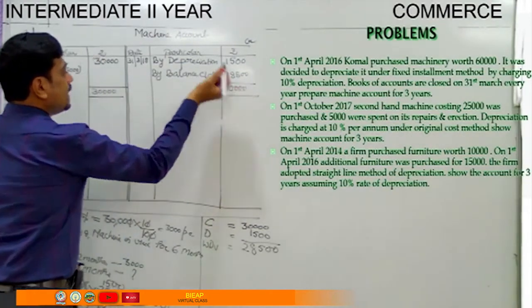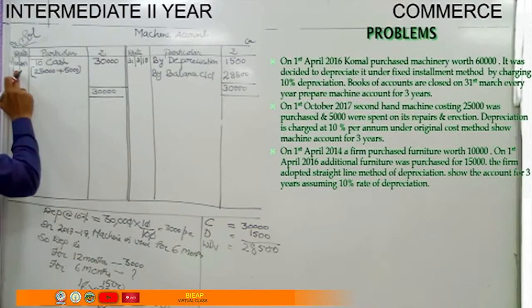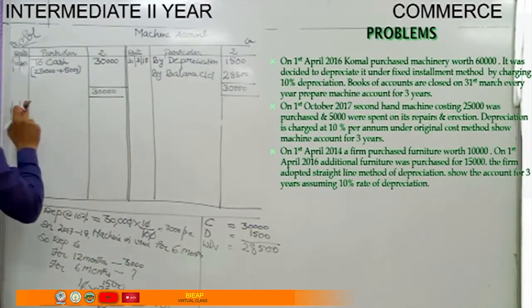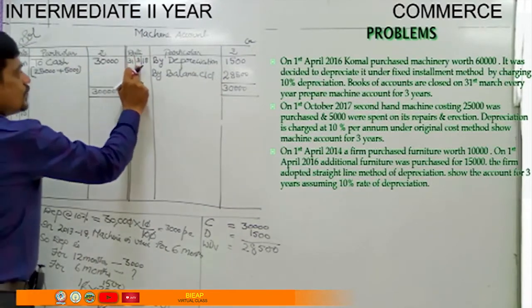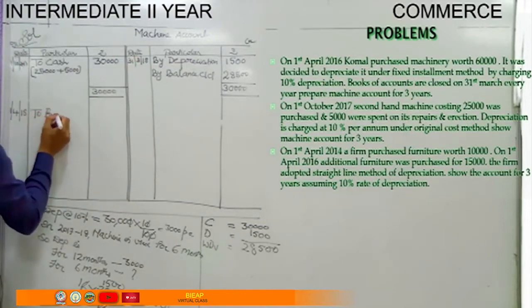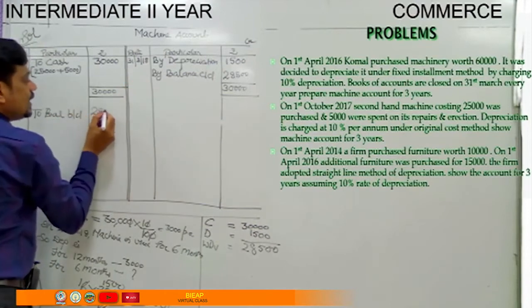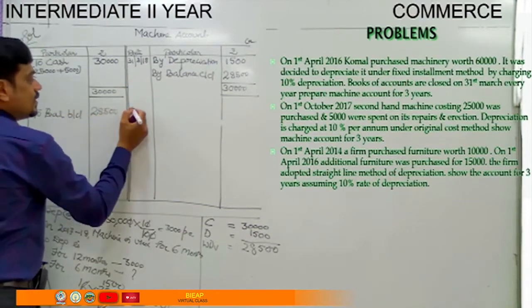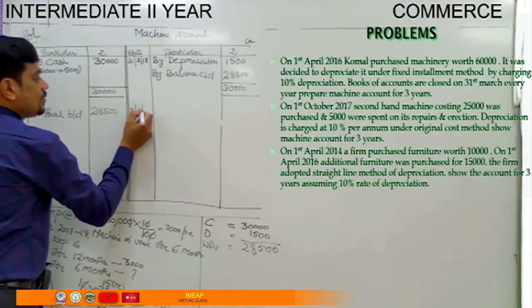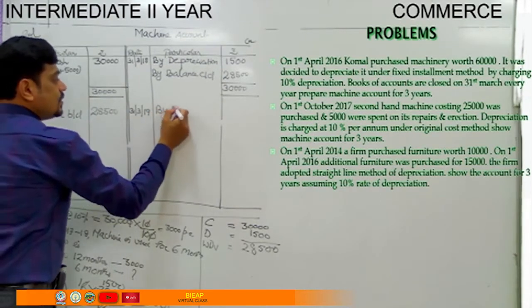One year completed. Come to the second year. 1st April 2018. Don't get confused with October. Here we have the balance on March, so it will start in April. To balance brought down, how much? 28,500. Again, 31st March 2019, I'll charge depreciation.